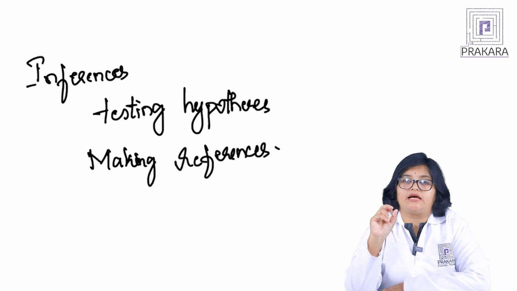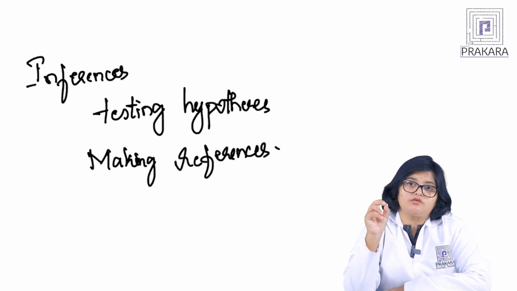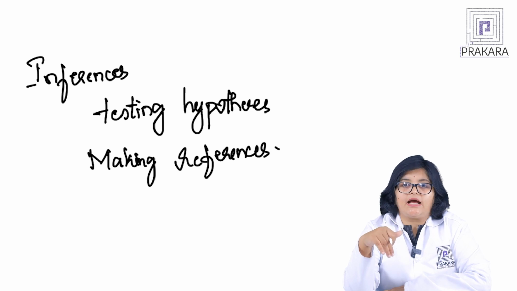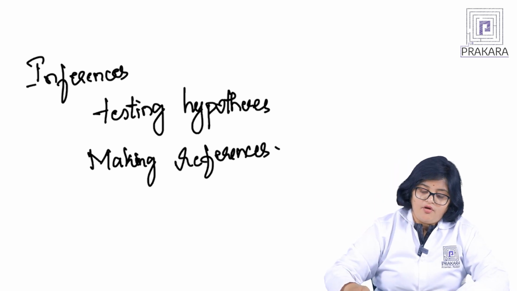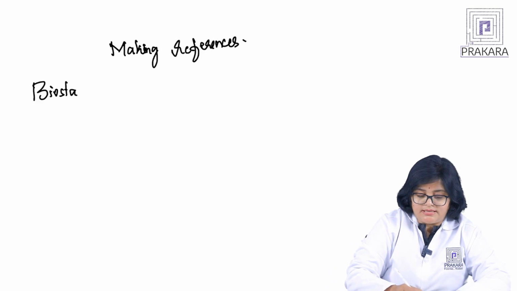So once again, statistics is a field of study concerned with the techniques or methods of collection, classification, summarizing, interpretation of data, drawing inferences, testing hypotheses, and making inferences. However, here we have one more interesting term called biostatistics.